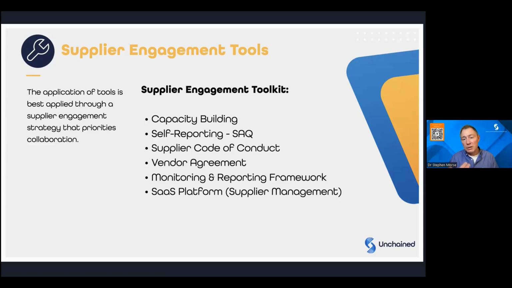For suppliers that don't have all their ducks in a row, it provides an opportunity for corrective action, so suppliers can step up and put in place the policies and procedures they're being asked to put in. And this all can be managed through SaaS platforms to manage the suppliers and their own processes and procedures that they need to put in place.